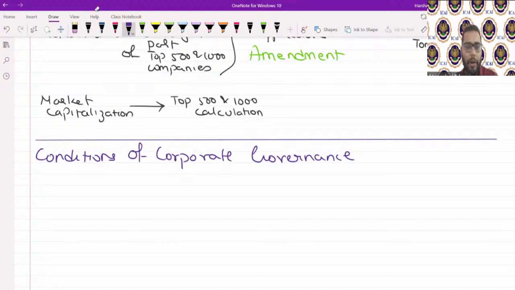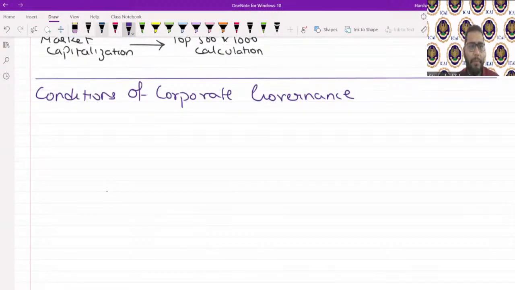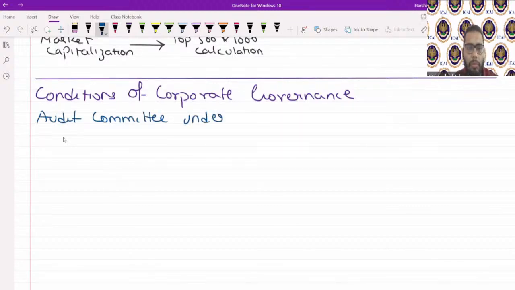Conditions of corporate governance. Okay. Under that, what we are going to see first is the audit committee under LODR.